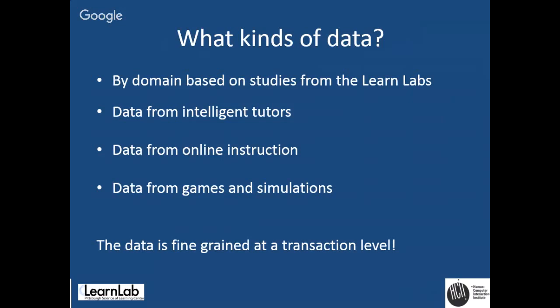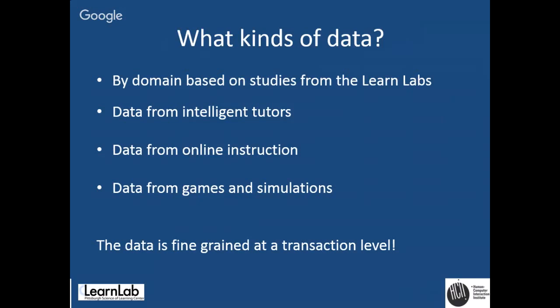A lot of that data has come in, including the Carnegie Learning tutors, as well as our Cognitive Tutor Authoring Tools, CTAT. We also have lots of data from online instruction, primarily from our own Open Learning Initiative, but it'll take data from any kind of online instruction. And we also have a lot of data from several games and simulation projects.